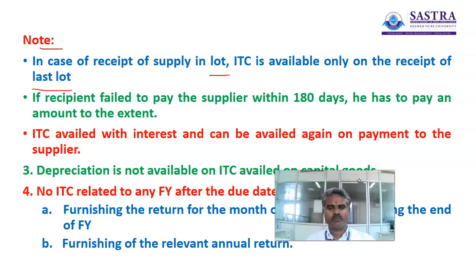If the recipient fails to pay the supplier within 180 days, he has to pay an amount to that extent. Once you buy the goods, the input tax should be paid within 180 days from the date of supply or date of receipt. 6 months they give time.